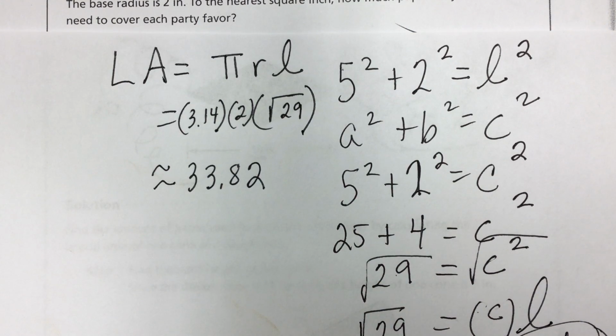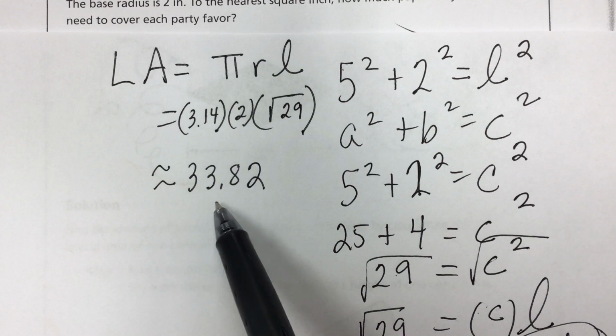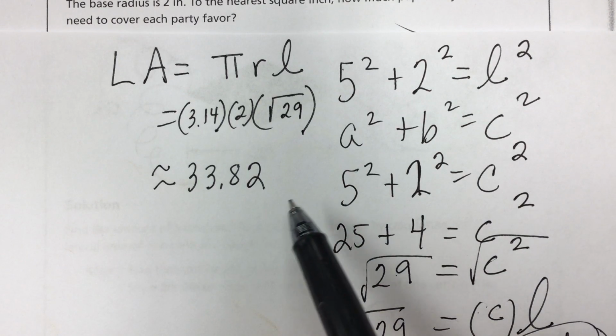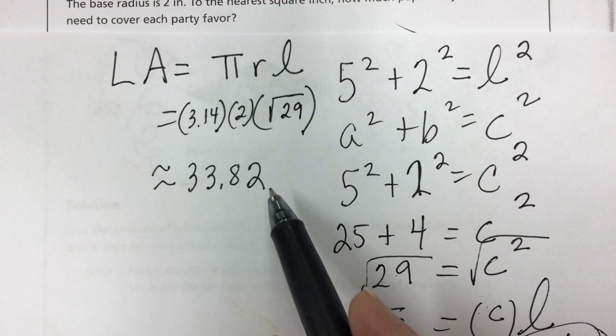On your calculator, the square root of 29 is 5.385, a long decimal. Take that value, then multiply it times 2, times 3.14. You end up with something like 33.8188. Now round it to 33.82.